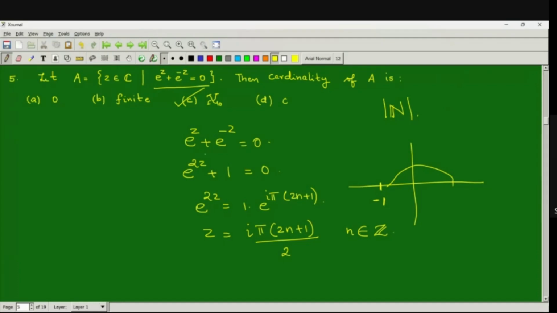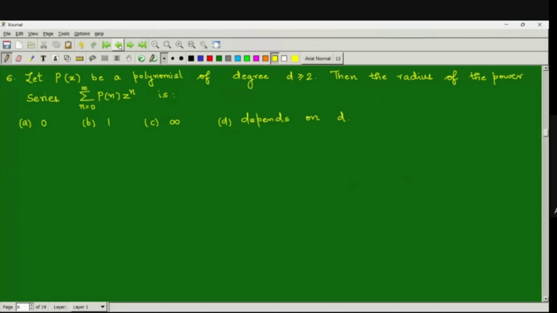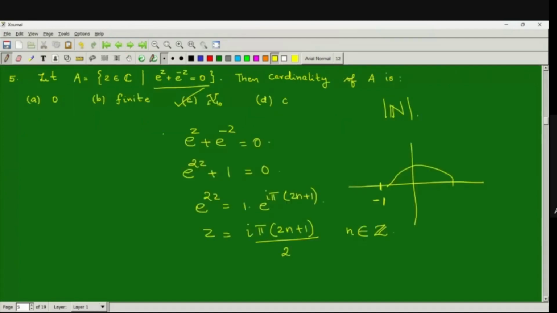Thank you, ma'am. In this question, how do we know to multiply by e raised to z? How can we get that intuition? Then how will you solve such an equation? You will be doing this, of course, right?